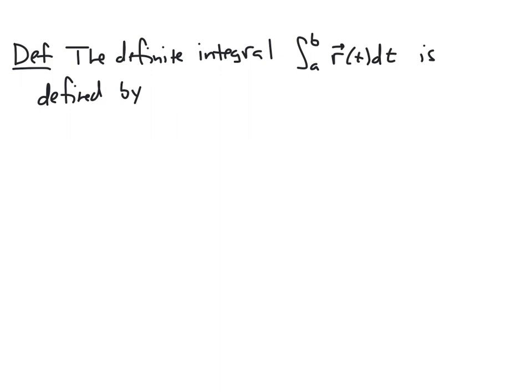We're going to define the integral from a to b of r of t to be a vector, and each component of the vector is going to be the same integral over the component function.